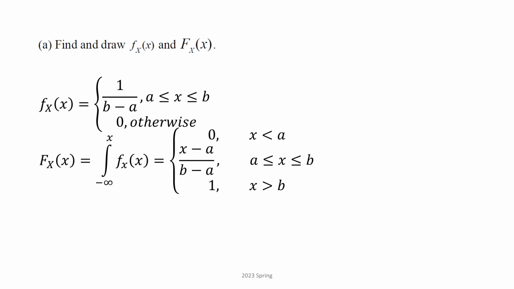And big Fx equals the integral from negative infinity to x of little fx, and it equals 0 if x is less than a, or x minus a over b minus a if x is greater than or equal to a and x is less than or equal to b, and it equals 1 if x is greater than b.